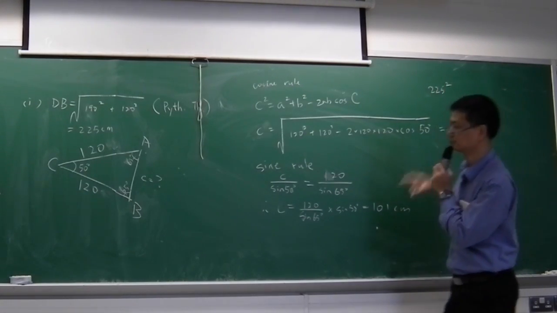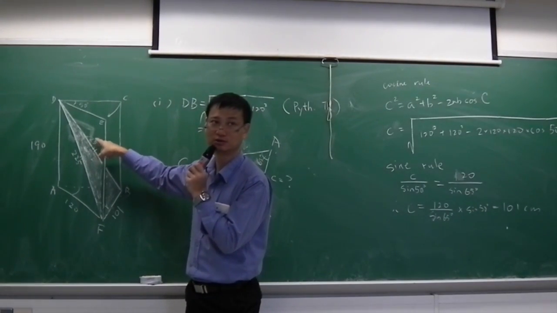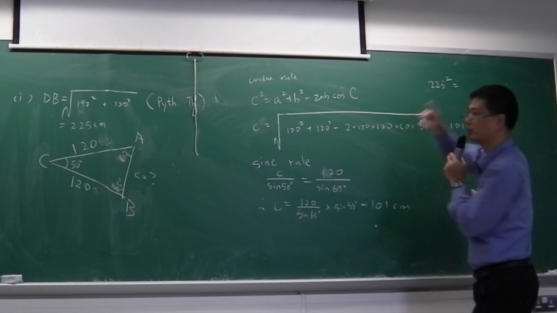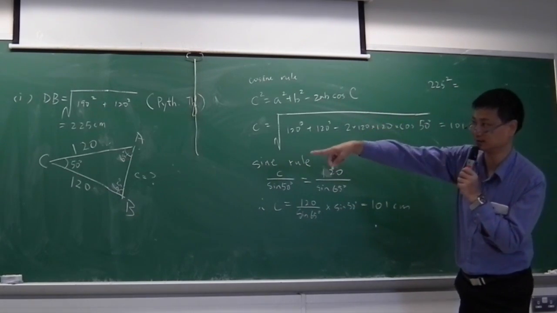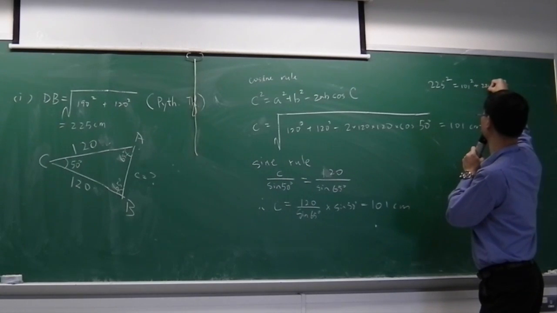225 squared. That is, I'm picking up this side as C. 225 squared should be equal to the squares of the other two sides. That is 101 squared plus 225 squared.